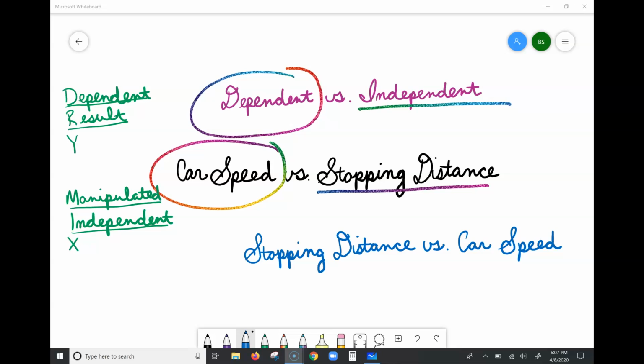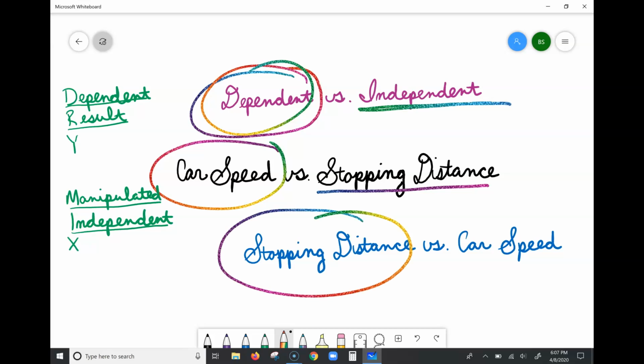A correct title for a graph that is comparing the stopping distance and car speed would be stopping distance versus car speed, because our dependent variable now is our stopping distance, which depends on the independent variable, the car speed. So we could say with this title, once we've identified the dependent and independent variables, car speed causes stopping distance.